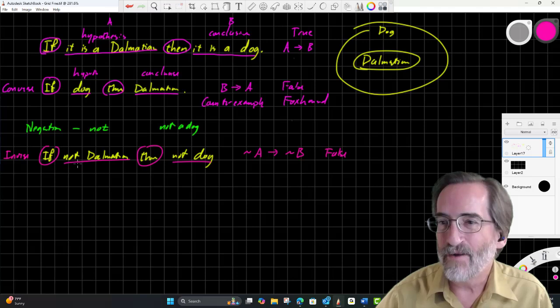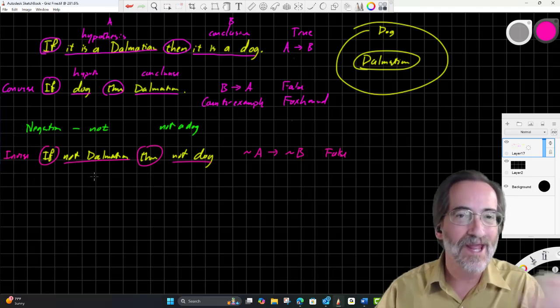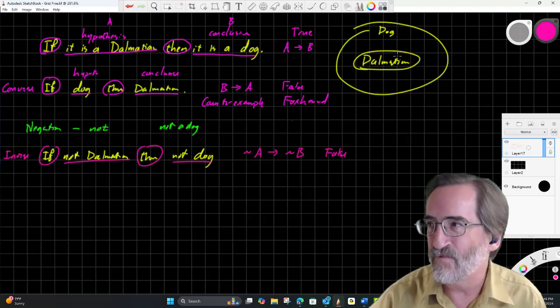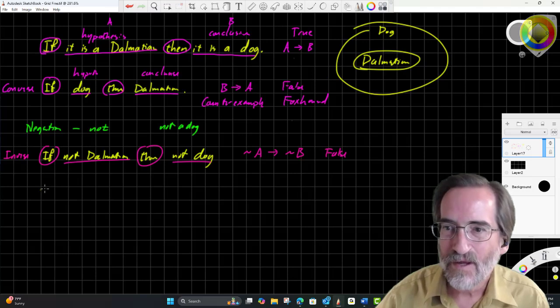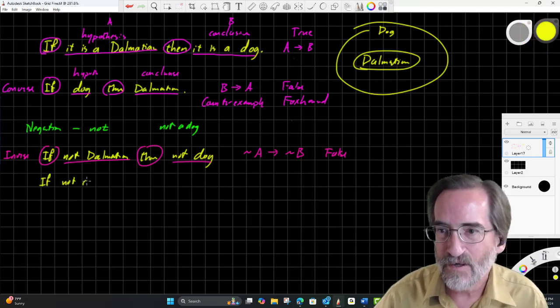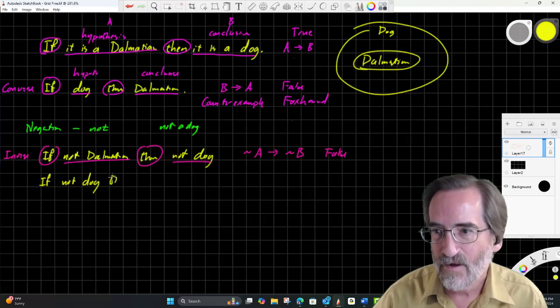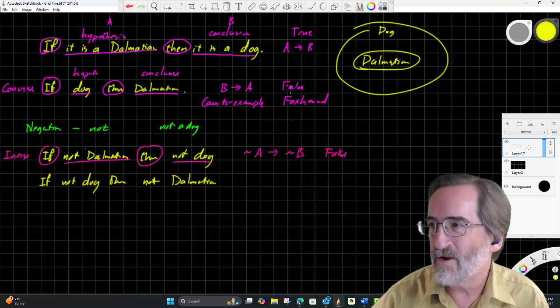Okay, all right. So then, if we do both negate and switch, we have the following statement. If it is not a dog, then it is not a Dalmatian. Okay, think about that for a little bit.